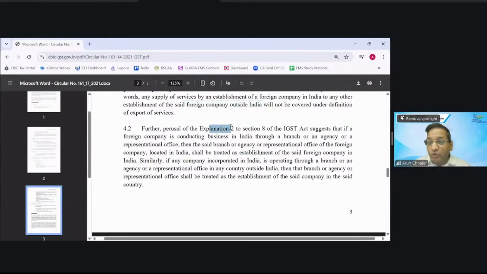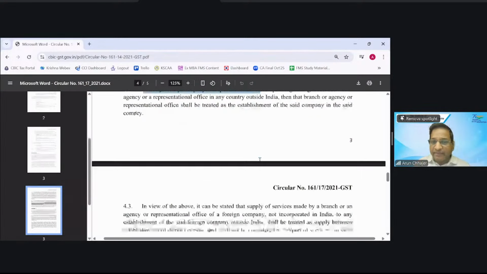Further, explanation 2 suggests that if the foreign company is conducting the business in India through the branch, agency or the representational office, then the said branch or the agency or the representational office shall be treated as an establishment of the said foreign company in India. Similarly, if any company incorporated in India is operating through the branch or the agency or the representational office outside India, then that branch or agency or the representational office shall be treated as an establishment of the said company in that country.